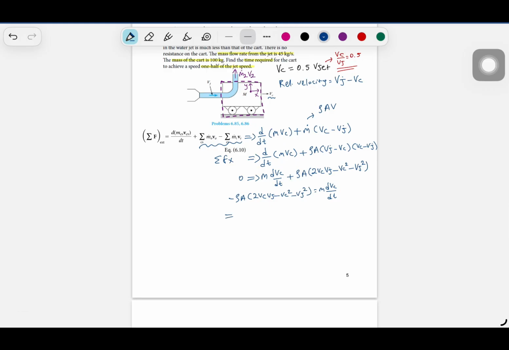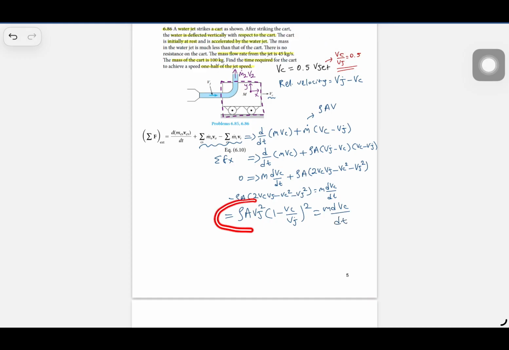So we can modify this equation as follows. This part may seem a little bit confusing, but when you do the internal calculations, you will get this one.